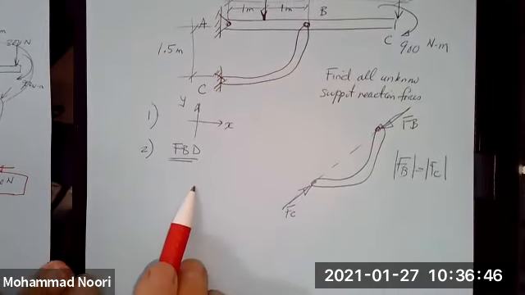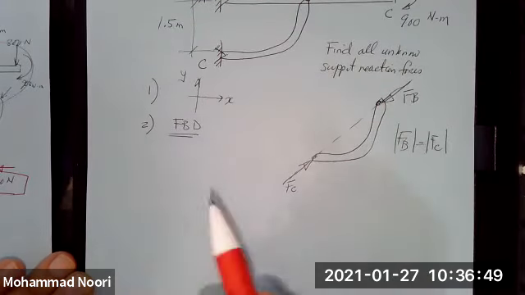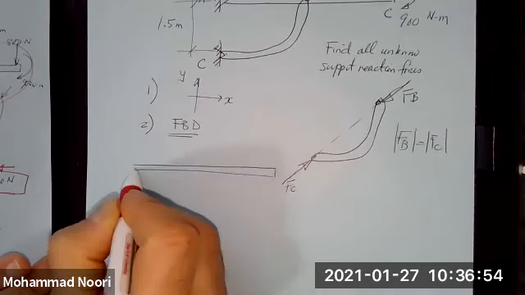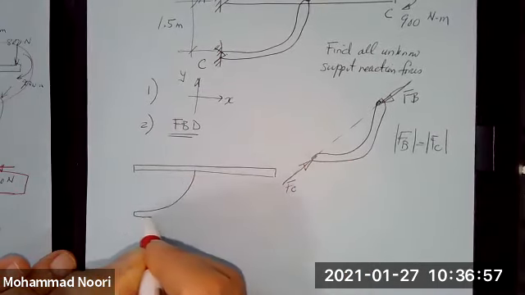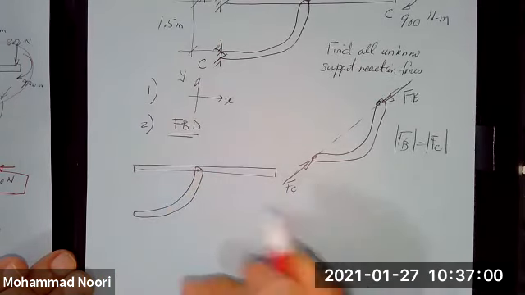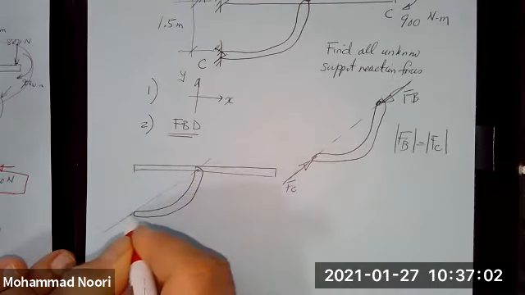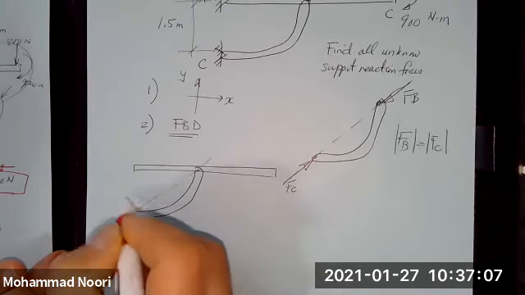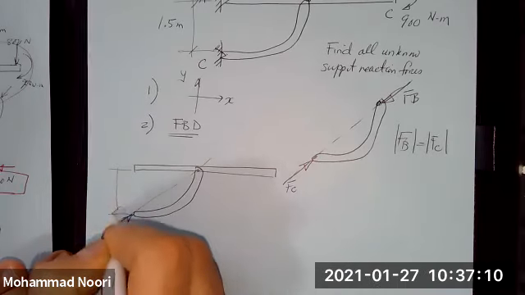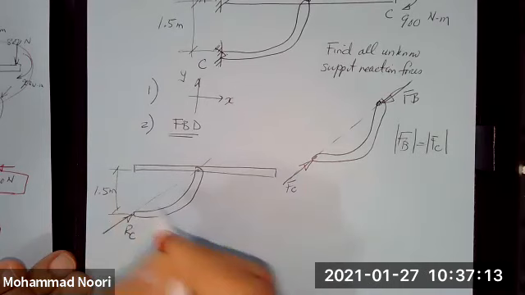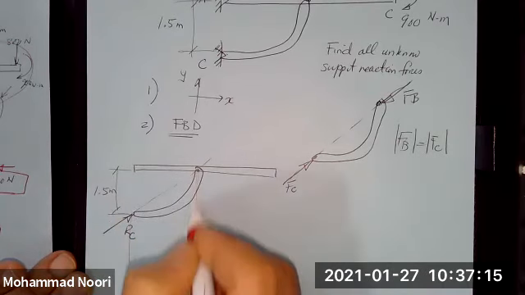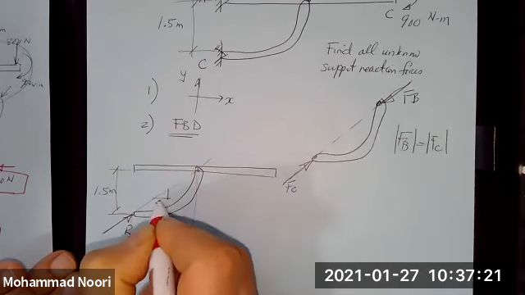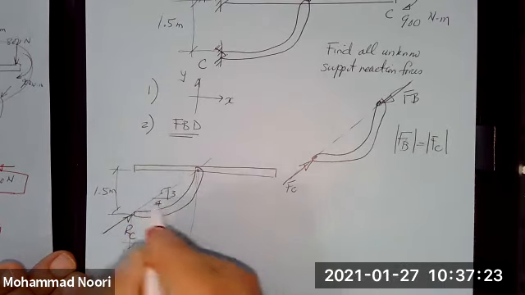So when it comes to your free body diagram, you have two options. One is this. This is the beam you have. So you draw a line connecting these two, and you have only one unknown here at RC. This slope is given because this is 1.5 meter and this is 2 meters, so in a way, this is a 3, 4, 5 slope.